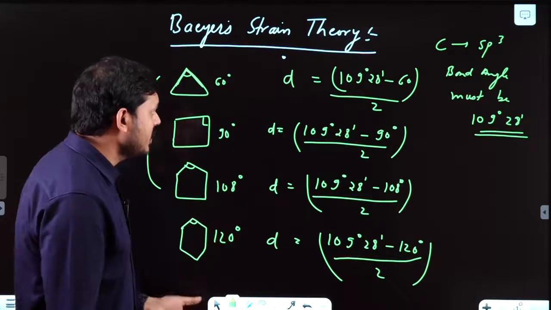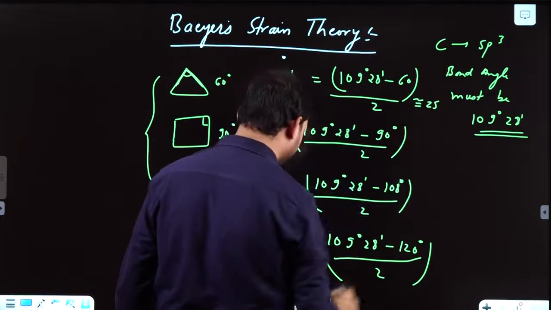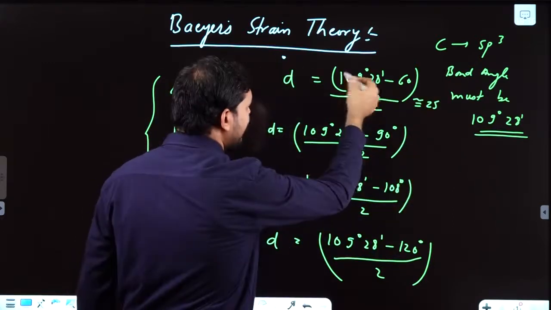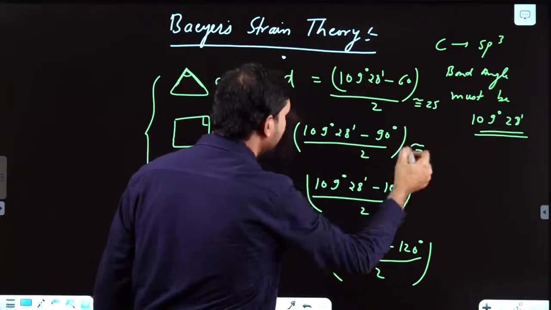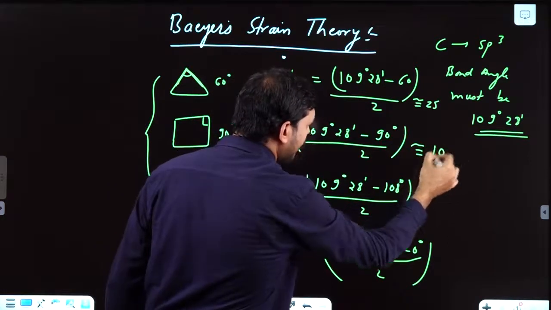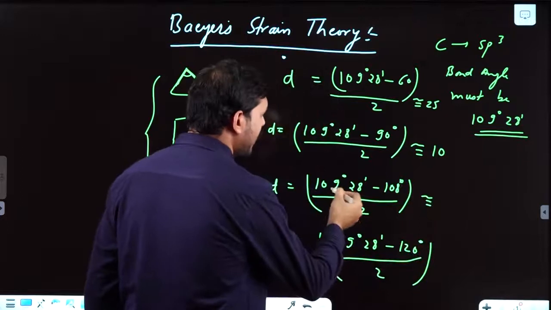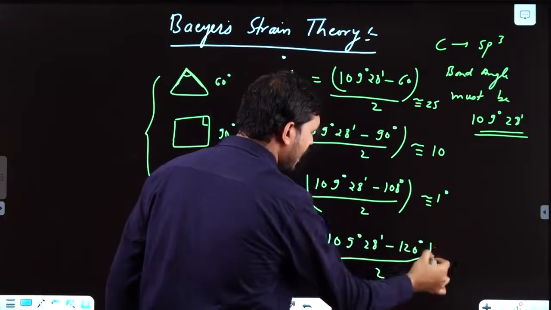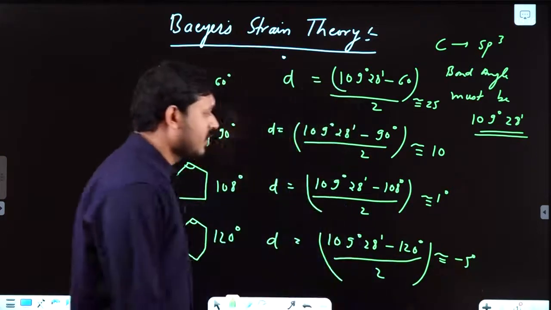If I see the values, it is approximately 25, right? Suppose you say 110, 50 by 2, 25. It is nearly 110 minus 90, that is 10. This one is approximately 1, and this one is approximately minus 5, right?